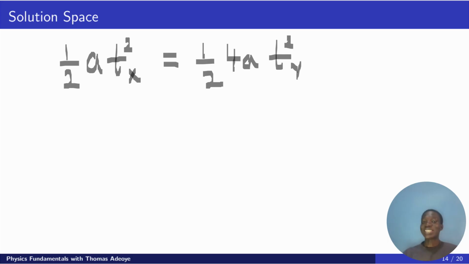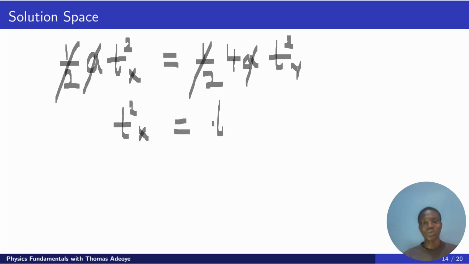Yes, because the distance is equal, this half cancels this half, and A cancels A. Now you have Tx squared equal to Ty squared. Oh no, there is a 4 here. Yes, thank you. 4 Ty squared.